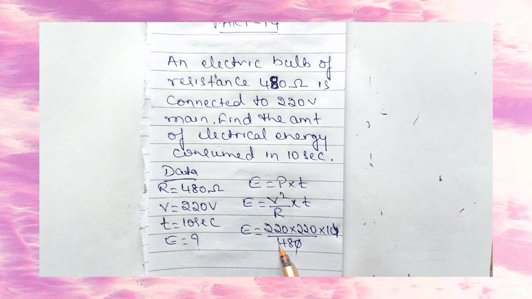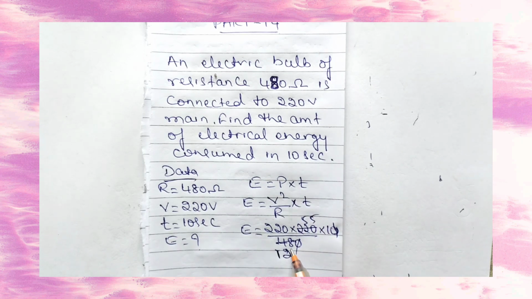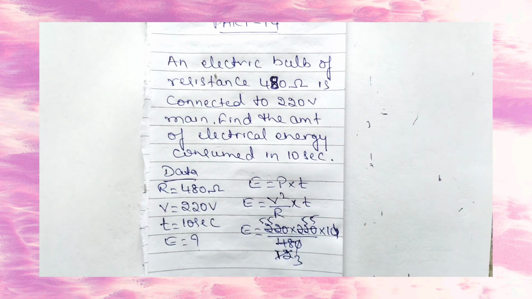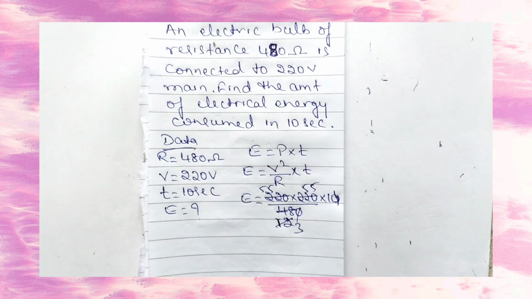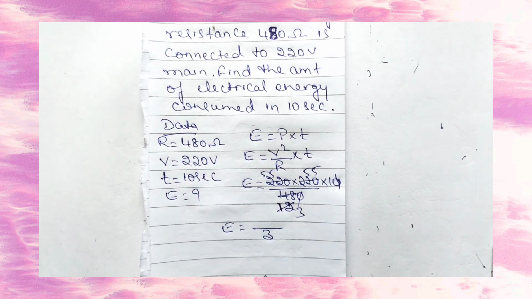Now if you divide by 4: 4 1s are 4, 4 2s are 8, 4 5s are 20. Then 4 3s are 12, 4 5s are 20. So now what will be the remaining? Electrical energy is equal to, here in the denominator 3 is there.